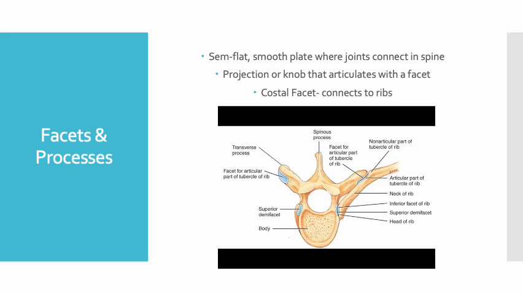So a costal facet is where the ribs connect to the vertebrae, specifically the thoracic vertebrae. So facets, processes. Those are going to be repeated throughout the whole vertebral column PowerPoint. It's just important for you to remember what they are. It's very repetitive.